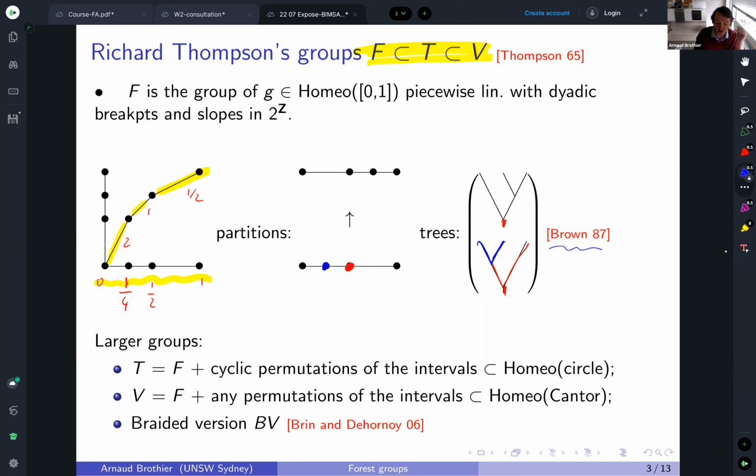And you have an even larger one that is called V. It's just the traditional letter for that. When you allow any permutation of the intervals. So it's piecewise affine, but it can be discontinuous. Okay. Nevertheless, it still acts continuously on the Cantor set. You can see the Cantor set as some kind of augmentation of [0, 1], for example.